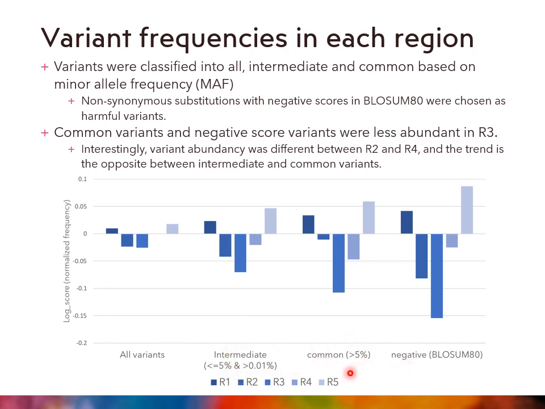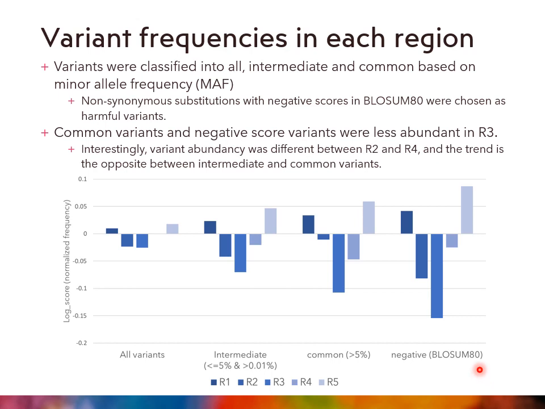And here we also created a new category called negative score variant. And the meaning of negative is the substitution pattern of the genetic variant are scored negative in gnomAD substitution matrix. So this variant implies that there are harmful mutation for proteins.